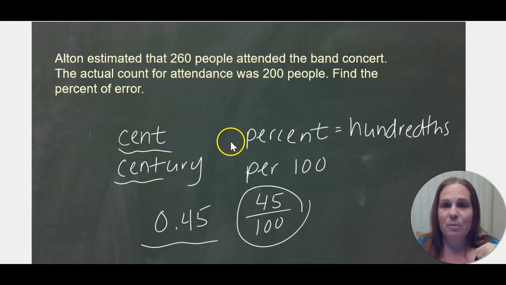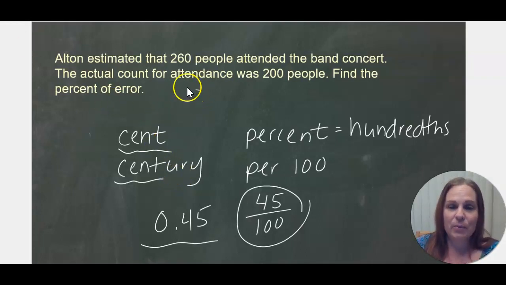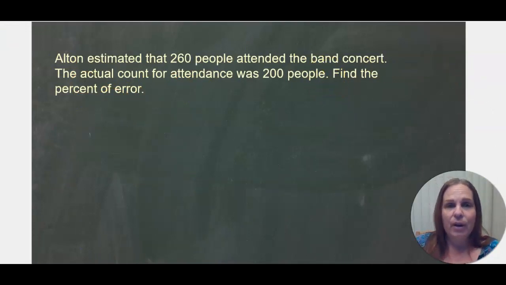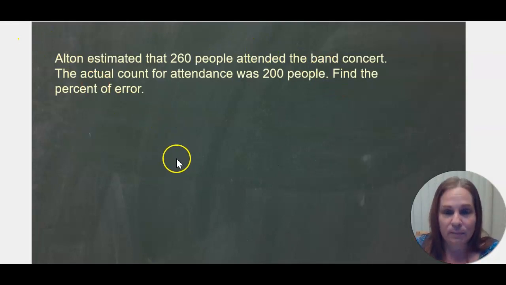The other thing that I want you to keep in mind is that when we are finding a fraction or a percent or a decimal part of something, we're going to use multiplication to find that. So let me show you an example. If I asked you to find half of, let's say, 20, half of 20 is 10, right?